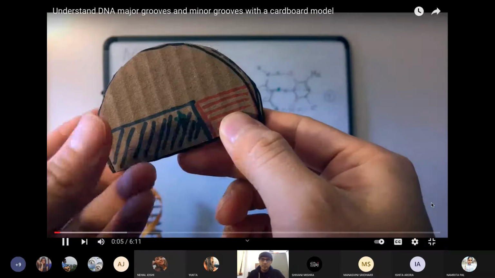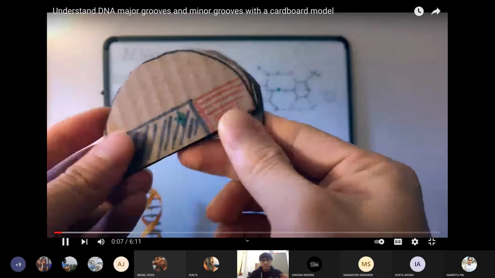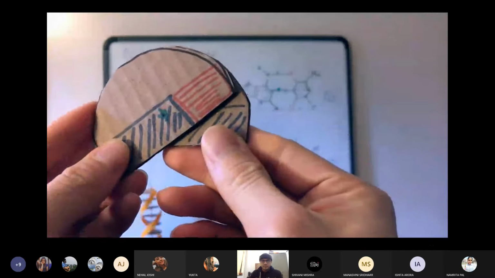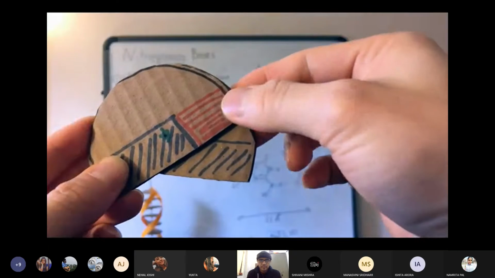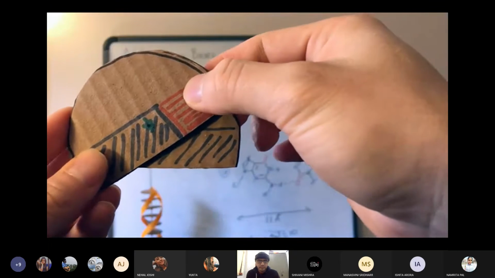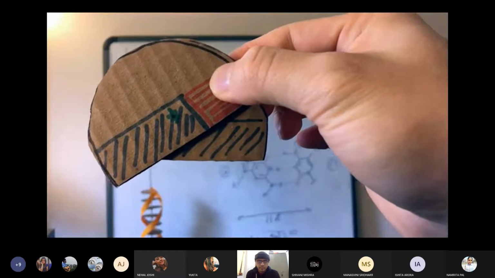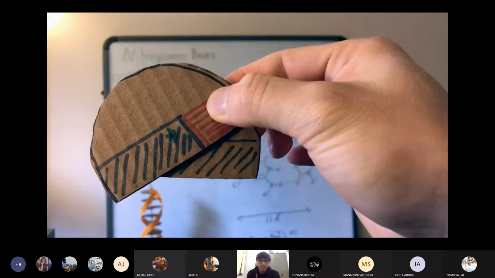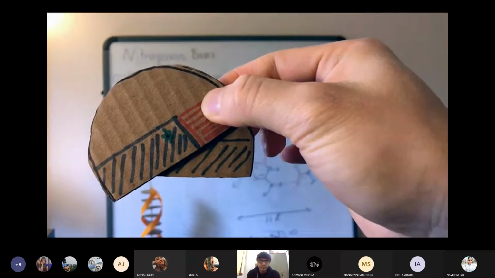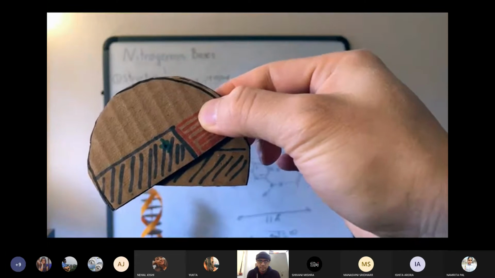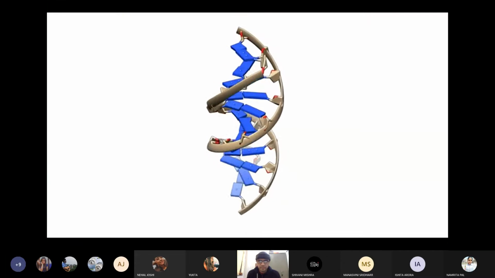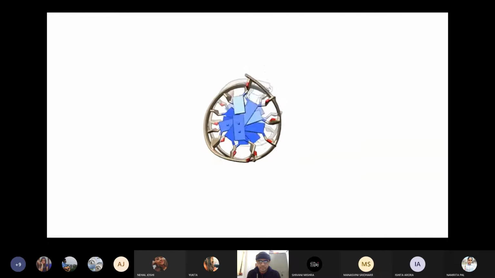We now know that the twist angle between two adjacent base pairs will lead to the formation of the DNA helical structure. I want to spend a little bit more time on this because I want you to have a feeling of the three-dimensional structure of DNA here in this model of the DNA.